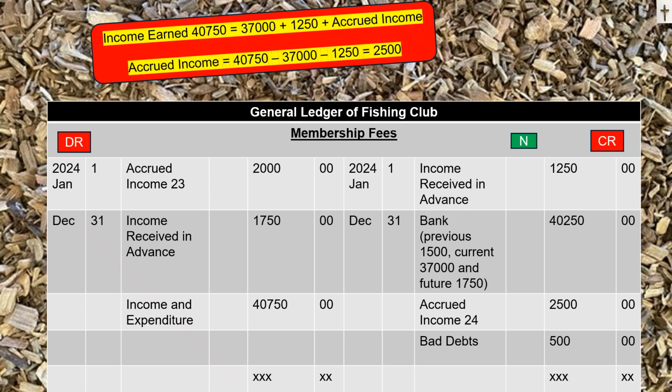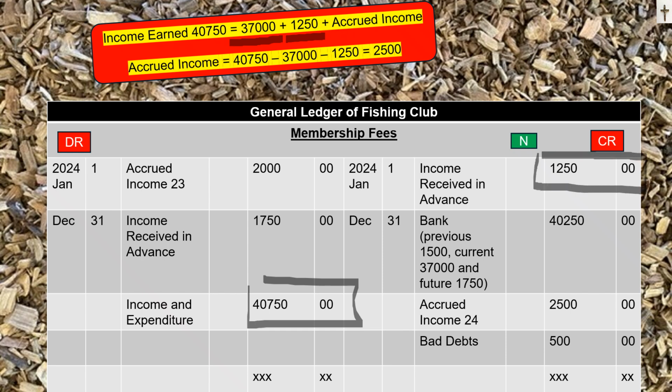Now, excuse me, this is important. Income earned is equal to the money that we've received during the current year, plus the 1,250 that was received in advance in the previous year, because it relates to this year.